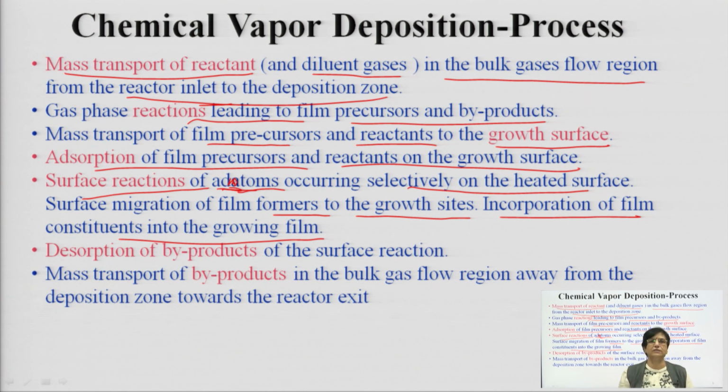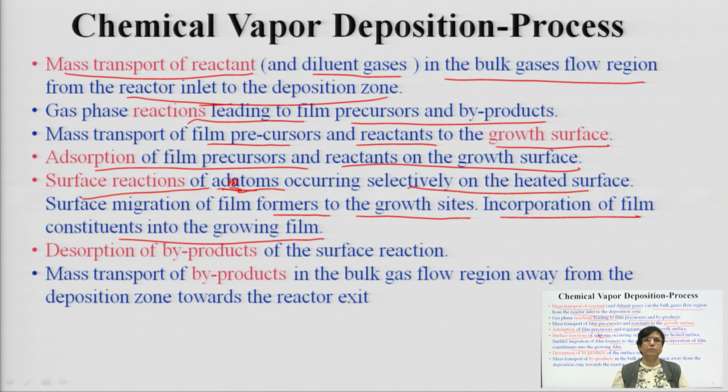Film precursor means the species which are going to react with the surface. The film precursor and the reactant are transported to the growth surface. The precursor will get adsorbed and the reactants will result in film growth onto the surface.